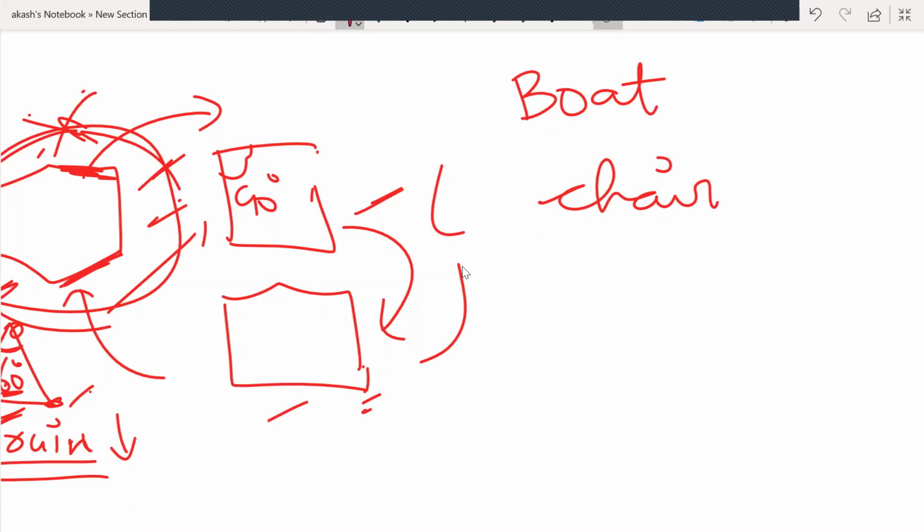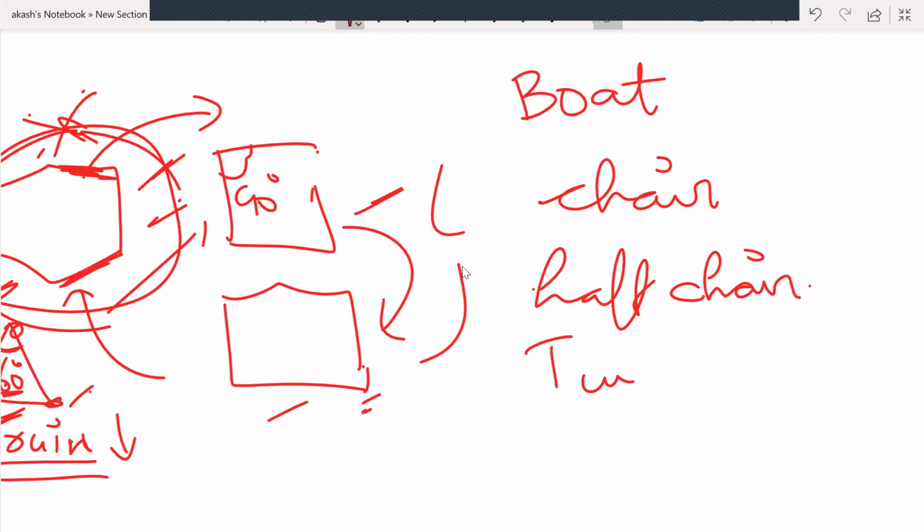These two are the most important. Other than that, I have something called half chair, and something called twisted boat. All these are the different conformations of cyclohexane, only for cyclohexane, nothing else.